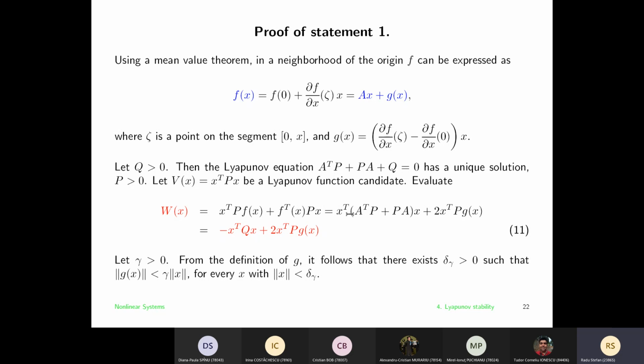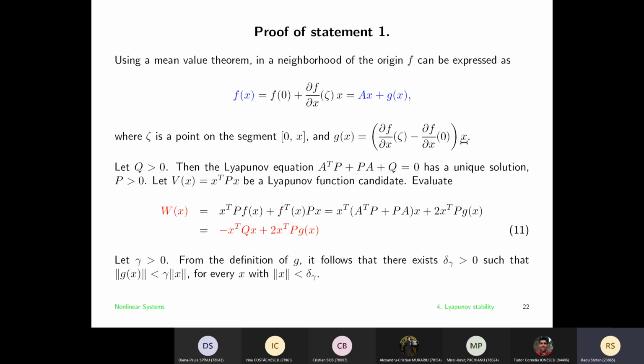What do we know now? A transpose P plus PA is minus Q. So here we end up with minus x transpose Q x, and here we remain with this term. And now the fundamental role is played by the fact that you can write these things in a very small neighborhood of the origin, as small as you want. And here is the technical trick regarding that.